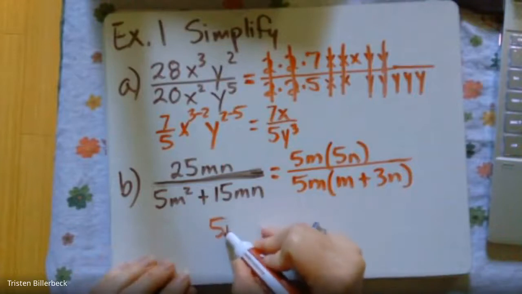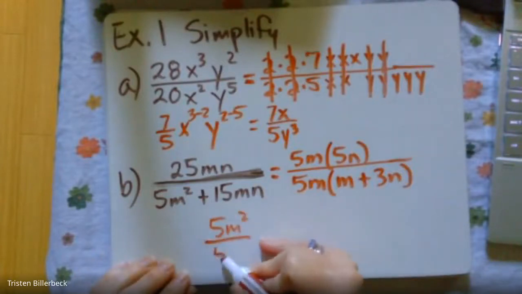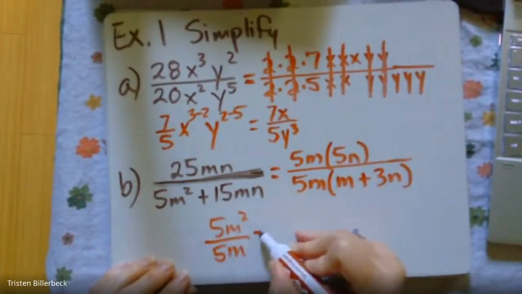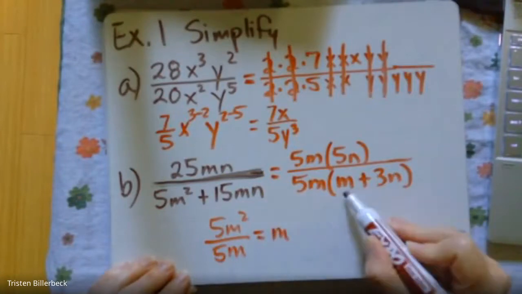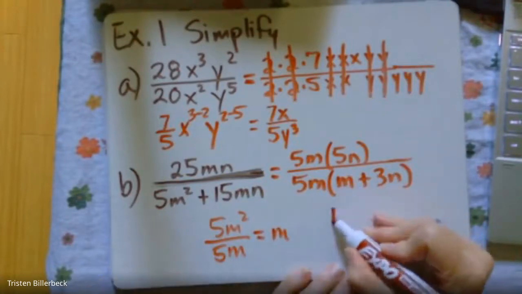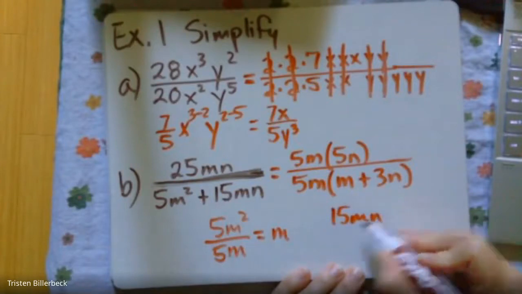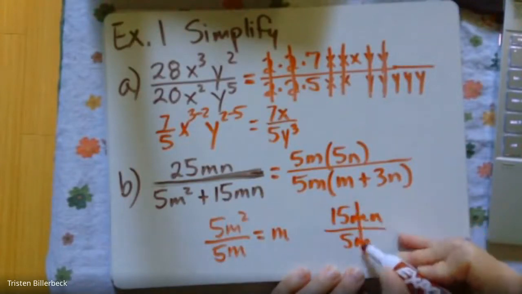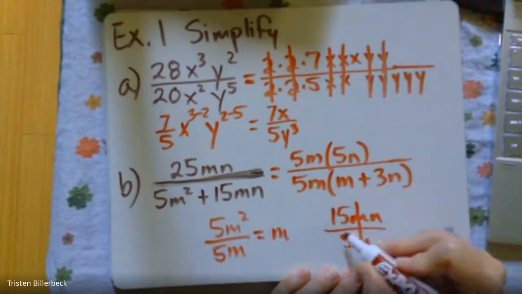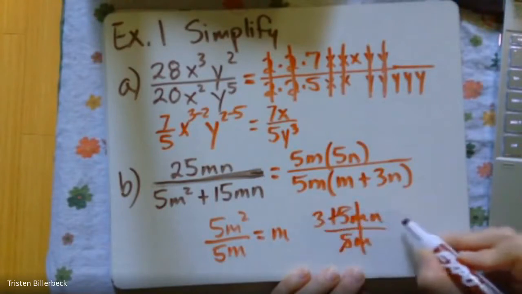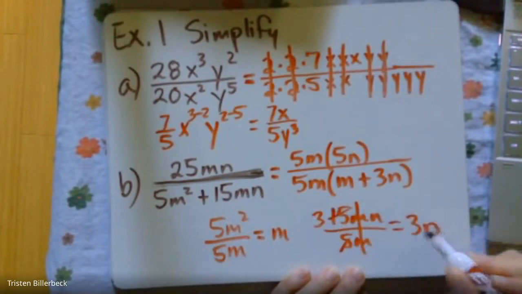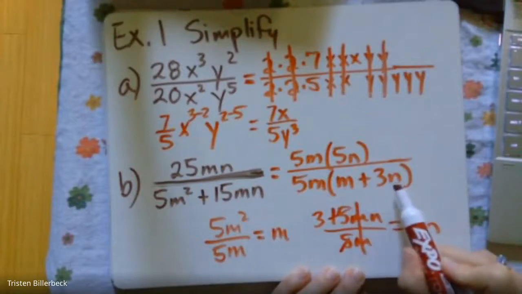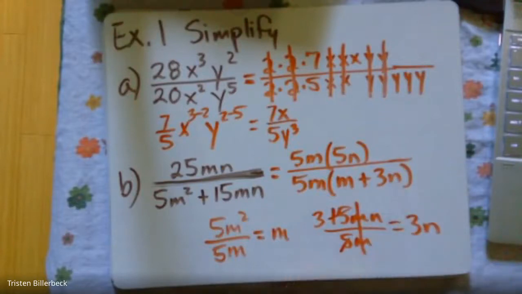So 5m squared over 5m equals m, which is that. 15mn divided by 5m, that cancels. I can take a 5 out of that and make that a 3. That just becomes 3n. So that's where I got the m plus 3n.